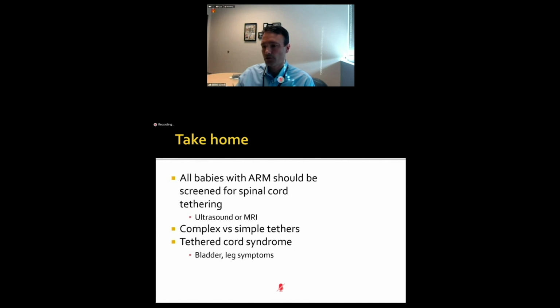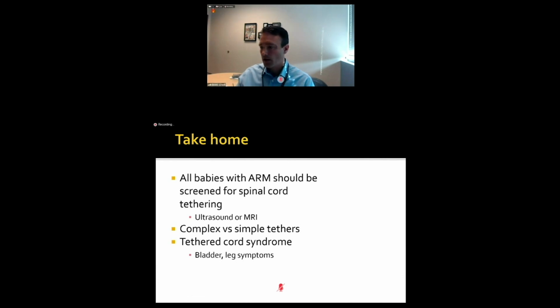Secondly, there's a real difference between complex lesions and simple lesions, and so understanding whether you have a fatty filum terminale versus a more complex lesion is going to make a lot of difference on prognosis, on whether you need to do surgery, and also on the risks of surgery. Those complex lesions are a lot more difficult to operate on with a lot more risks.